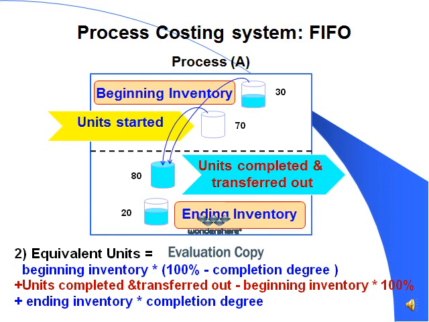That means 80 units minus 30 units equal 50 units. These units come from units started and completed. Plus ending inventory times completion degree. So, equivalent units equal beginning inventory times (100% minus completion degree) plus (units completed and transferred out minus beginning inventory) times 100% plus ending inventory times completion degree.